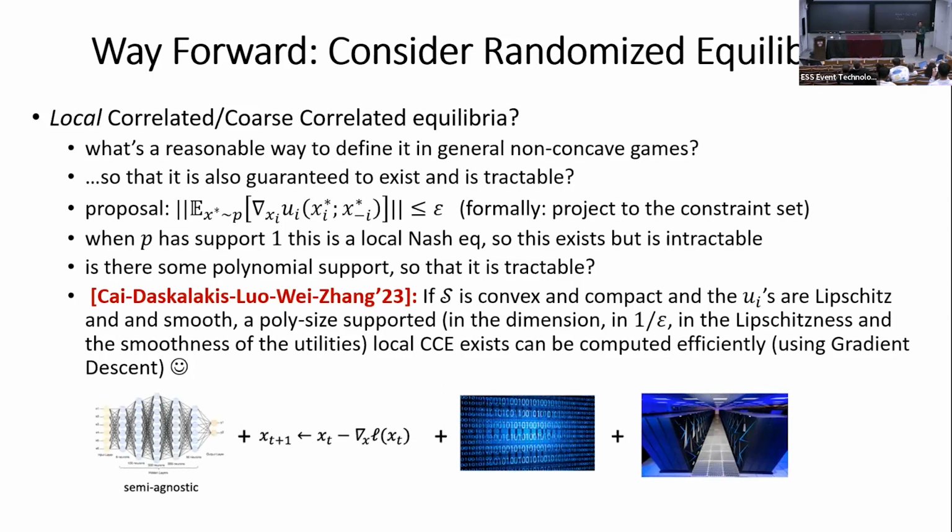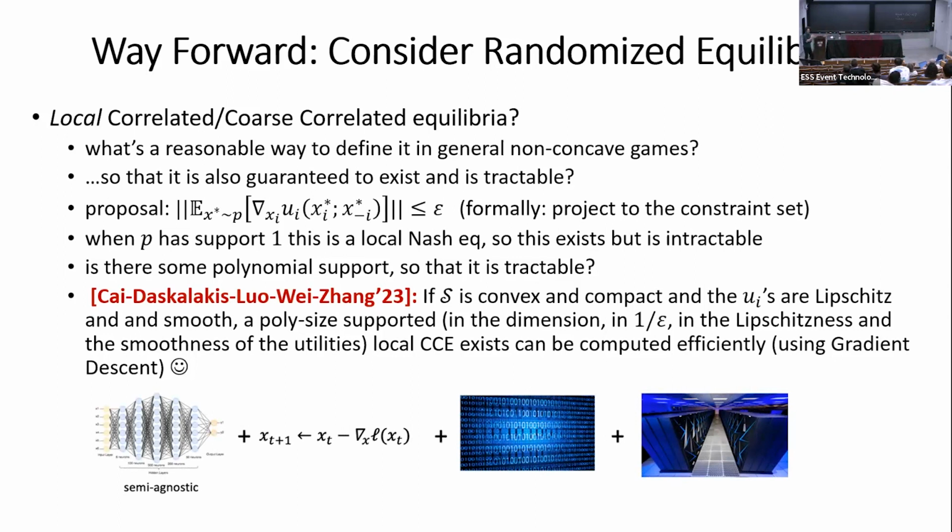And I'm very optimistic that this could be a starting point for a general framework, because here I'm not using anything about the setting. I get existence, I get a reasonable solution concept, and it's tractable using gradient descent. So this is where I'm currently at.